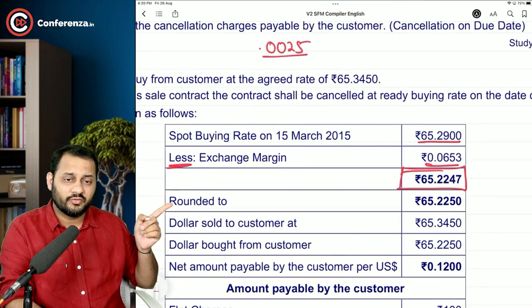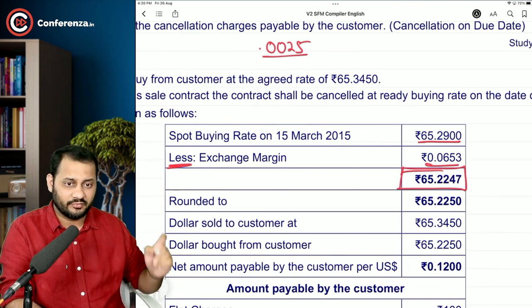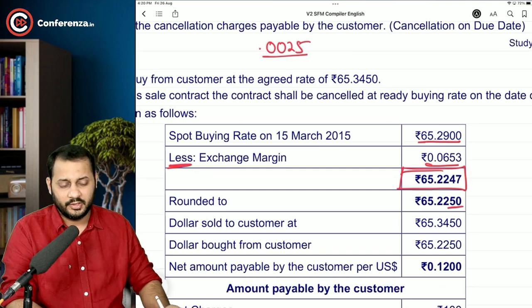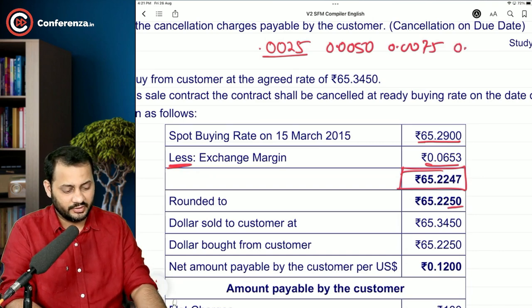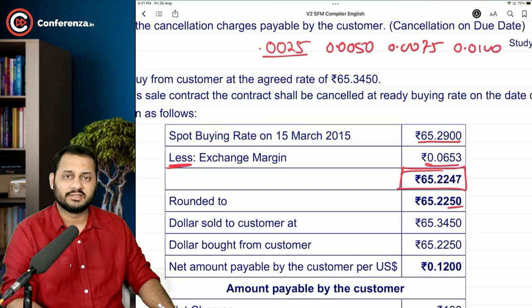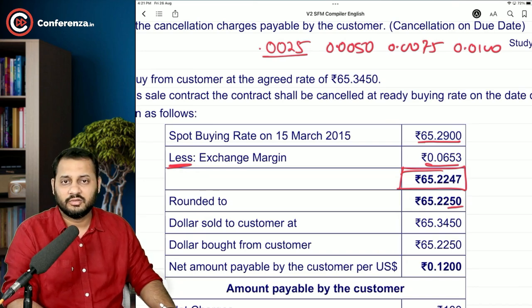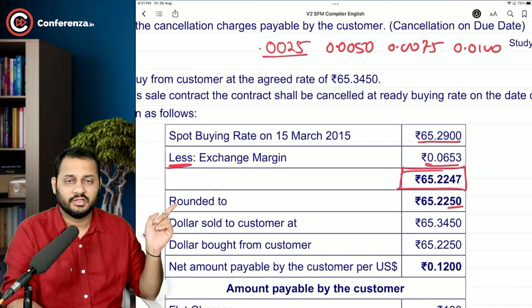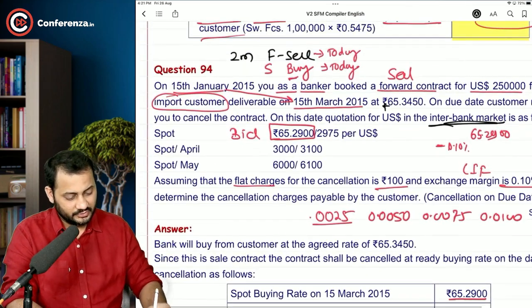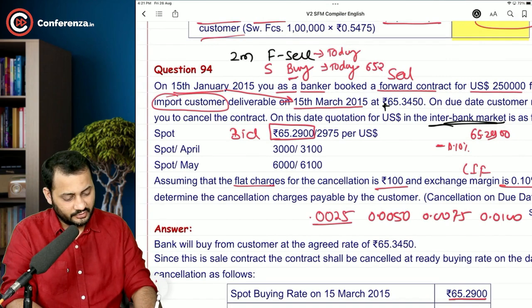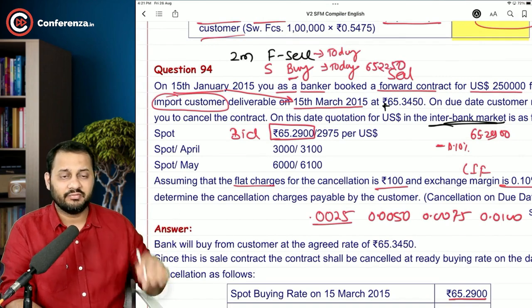They rounded it off to the nearest 0.0025 and it comes to 0.0050. 0.0025, 0.0050, 0.0075, and you can say 0.0100. It is like that, the nearest 0.0025 tick size. So this is the rounded off value, 65.2250.